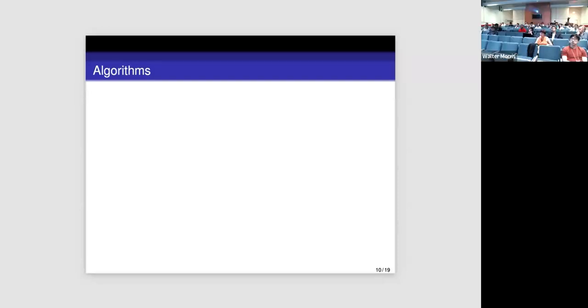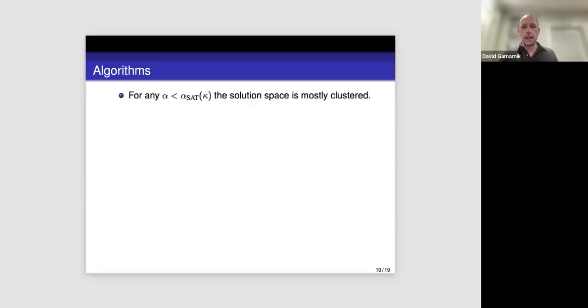Well, something interesting actually happens to this model when alpha is smaller than the critical number. And this is where having a board would actually be helpful. So instead of a board, I'm going to be waving my hands a lot. I apologize for that. So as it turns out, for any alpha, for any ratio of rows to columns, the solution space is mostly clustered.